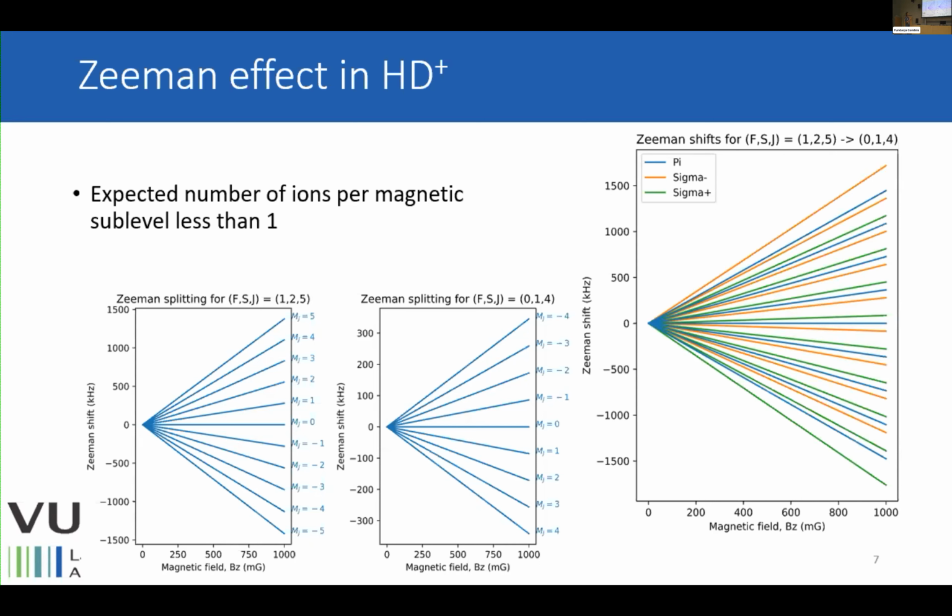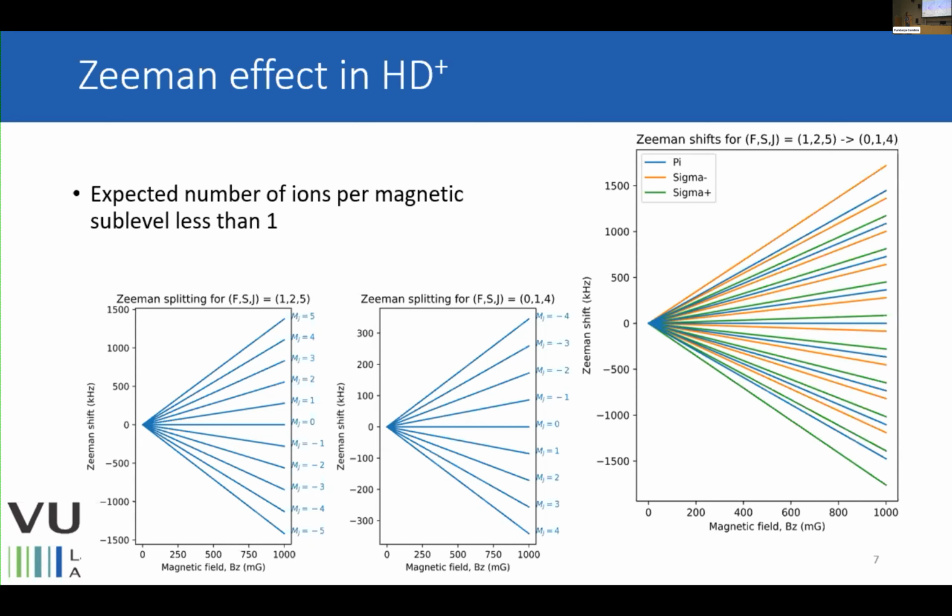But we don't have enough population, so we don't expect to have enough signal even from probing a single level. So what we want to do is to scan over multiple levels at the same time.